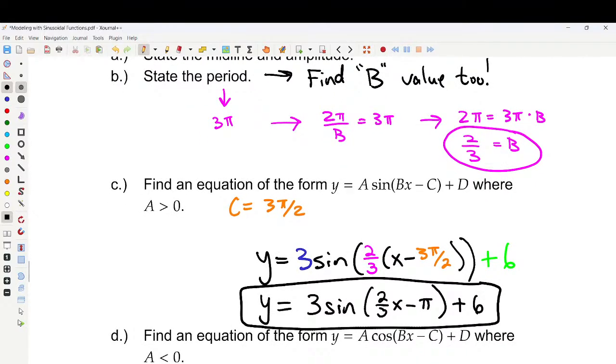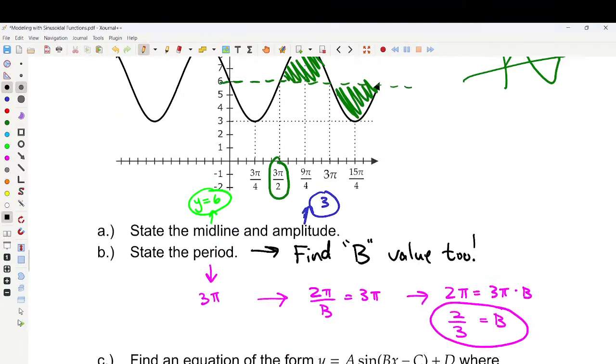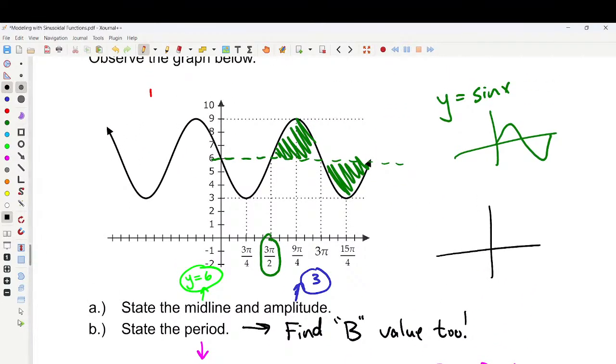Find a cosine equation where a is negative. Again, just to remind us, even though I said it a few times, you're leaving tonight knowing cosine goes max to max. And that negative cosine goes from min to min. So we're looking for a minimum.